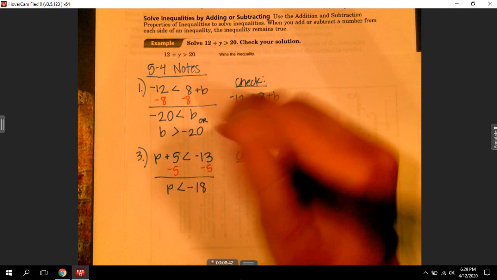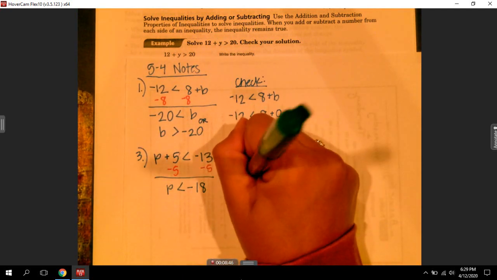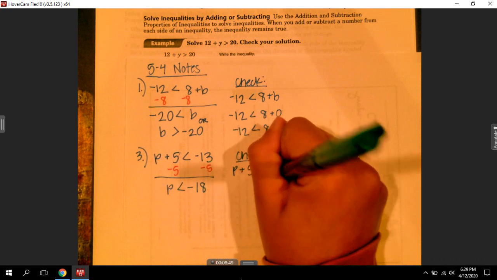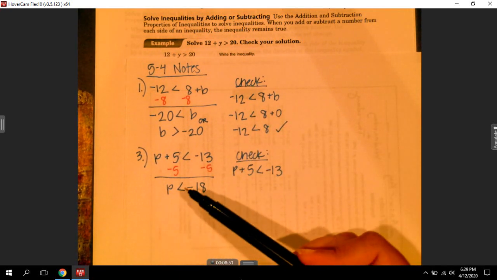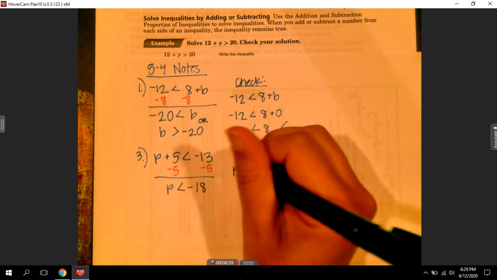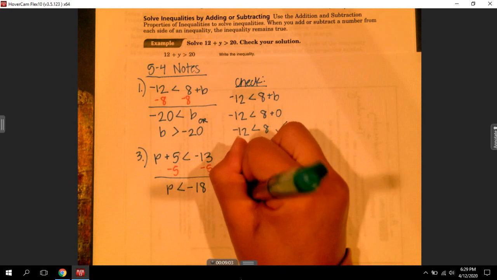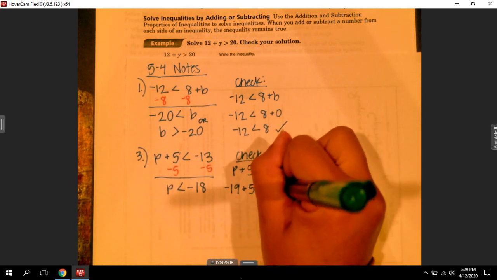So again, you're using that original inequality that you had, so that would be p plus 5 is less than negative 13. p is less than negative 18, so a number that's less than negative 18, you can pick any. I'm just going to say negative 19. So negative 19 plus 5 is less than negative 13.